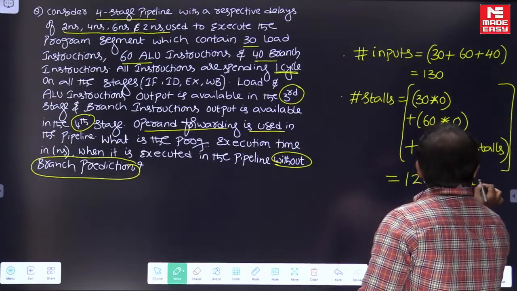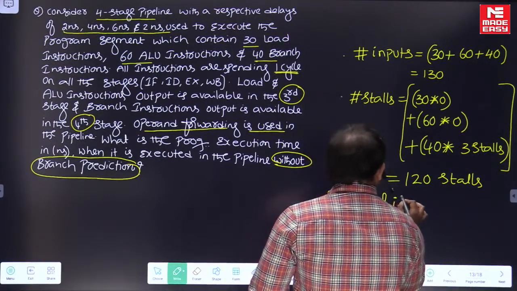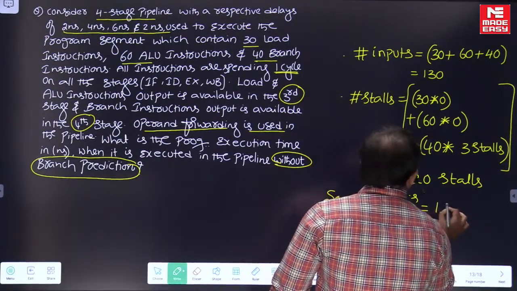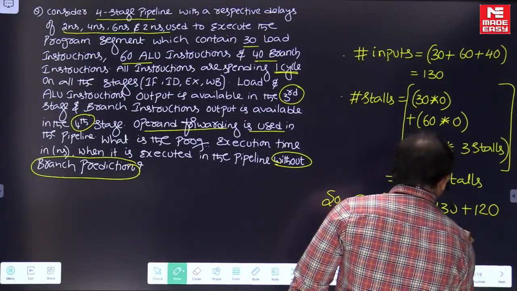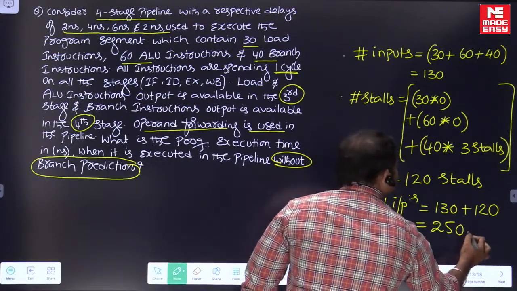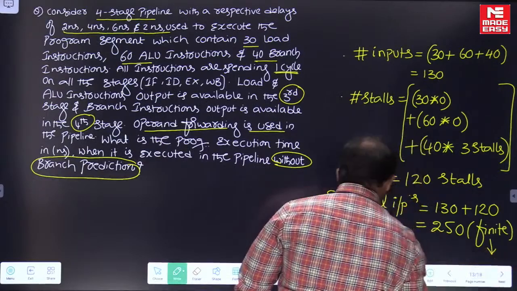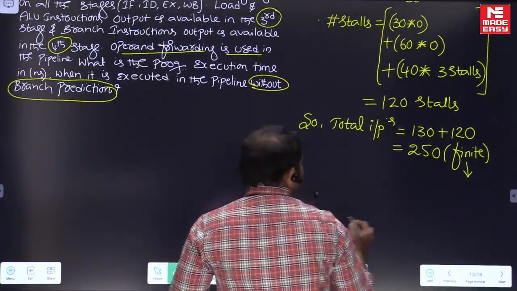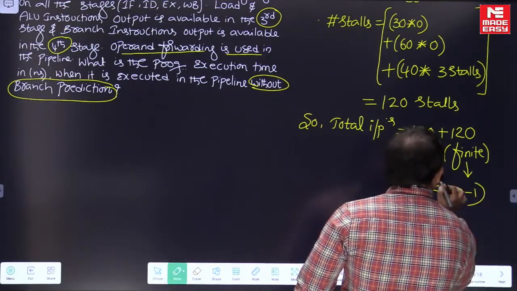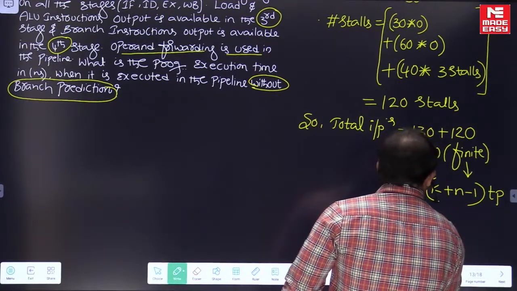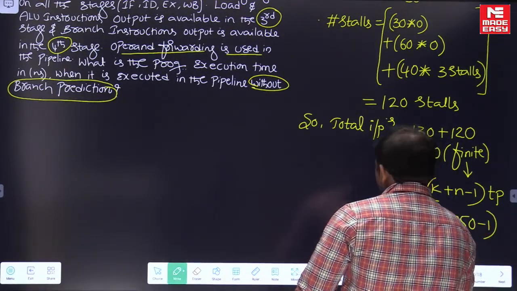So total inputs equal 130 plus 120, that is 250 inputs. When the number of inputs is finite, we can directly apply the formula: (k plus n minus 1) into TP. That is (4 plus 250 minus 1) into cycle time.